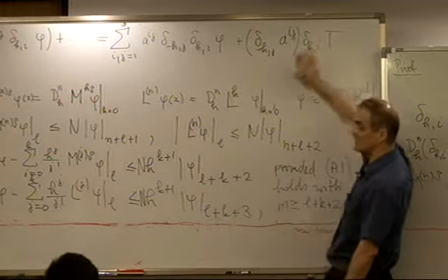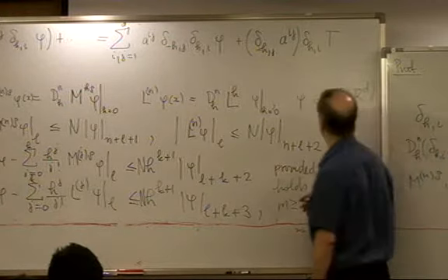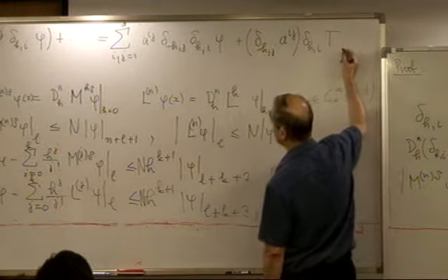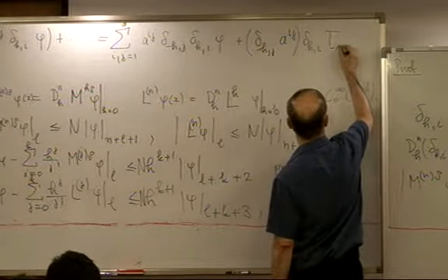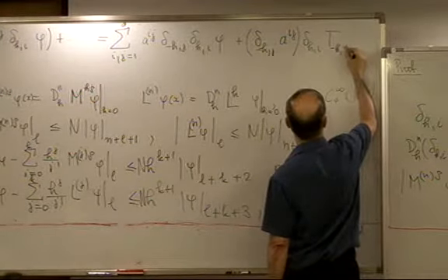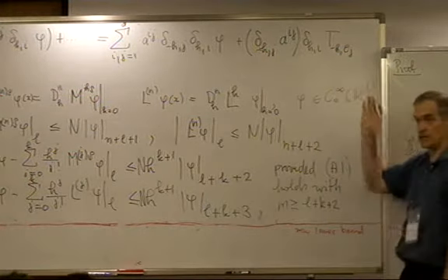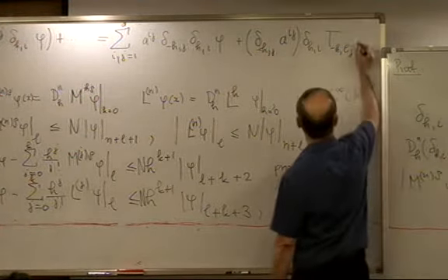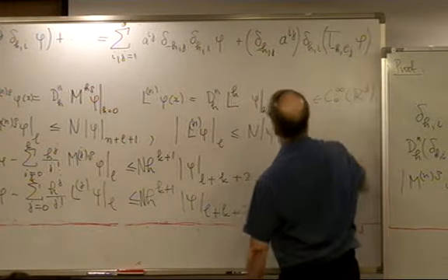I interchange the shift operator with the finite difference, but that can be done. We shift minus h in the direction j, and we shift the function phi. So this is what we have.